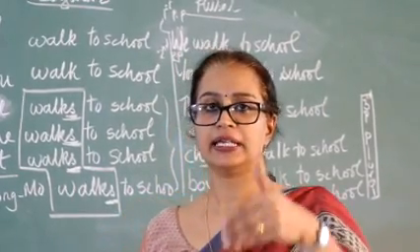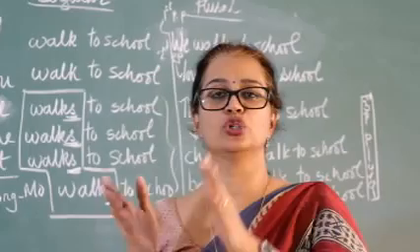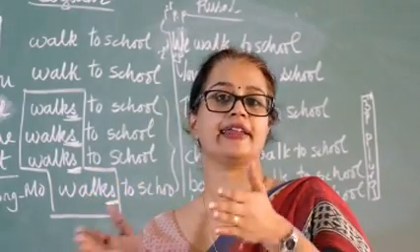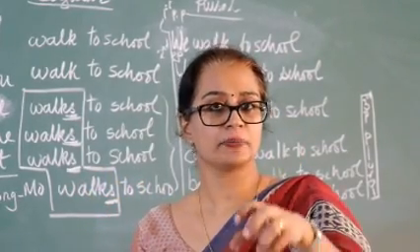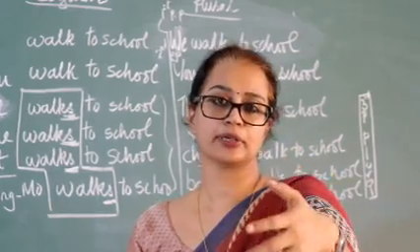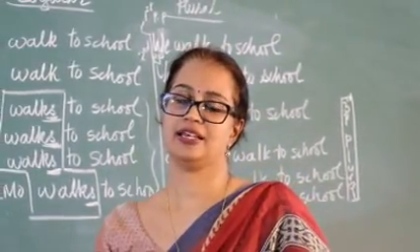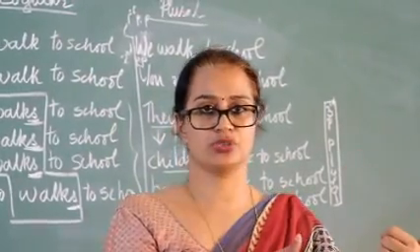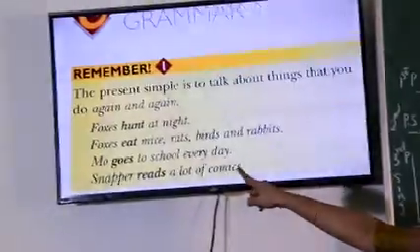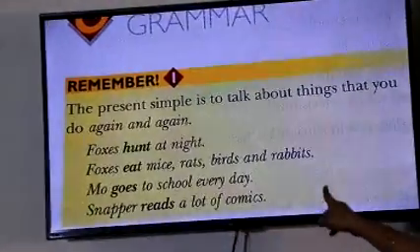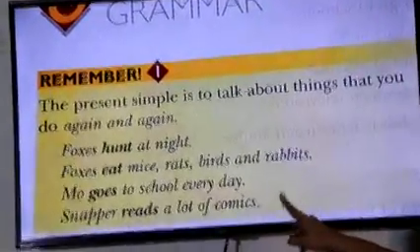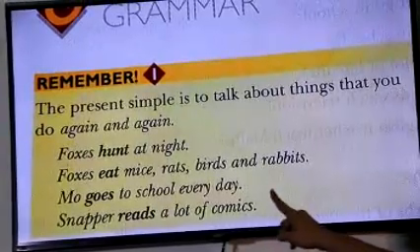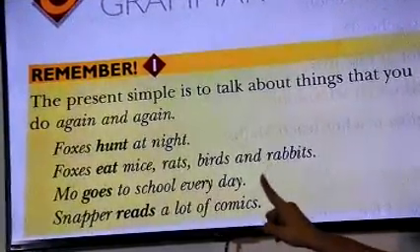When the verb is in the singular, you must add an S, and when the verb is in the plural, you must cut off the S. So it's just the opposite of singular plural of nouns. Clear? So that is why foxes hunt at night. What did we do to make the verb agree with the plural form of the noun?